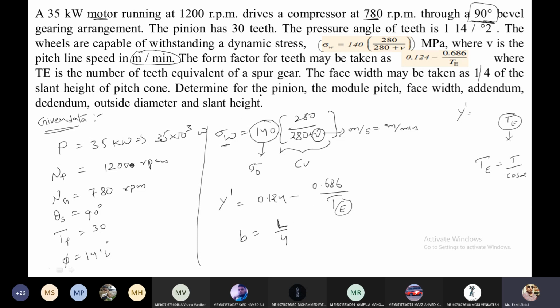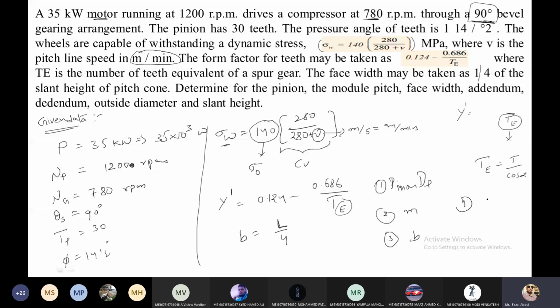And determine the pinion parameters. First question is the module. Second is the DP. Third one is the face width.